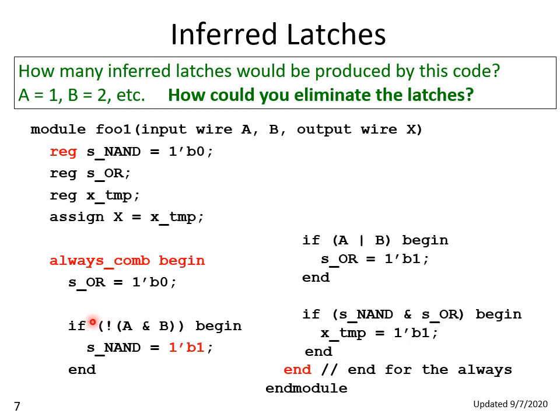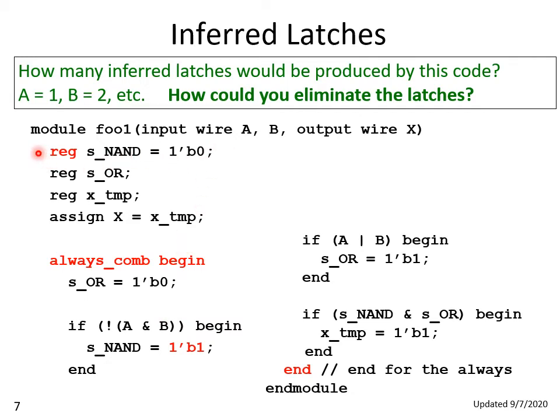But let's continue. If not A and B, then S NAND is equal to 1. Okay, great. So is S NAND defined for all possible situations? Well, if not A or B is true, it's defined as a 1. But what if this expression is false? What's the value of S NAND? Well, in general, it is not 0.